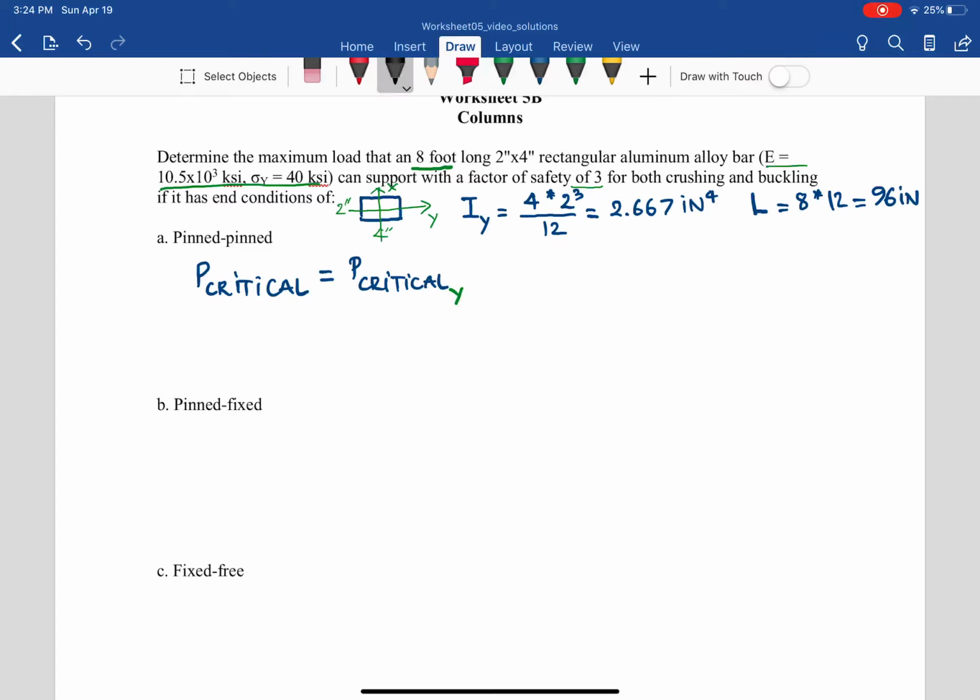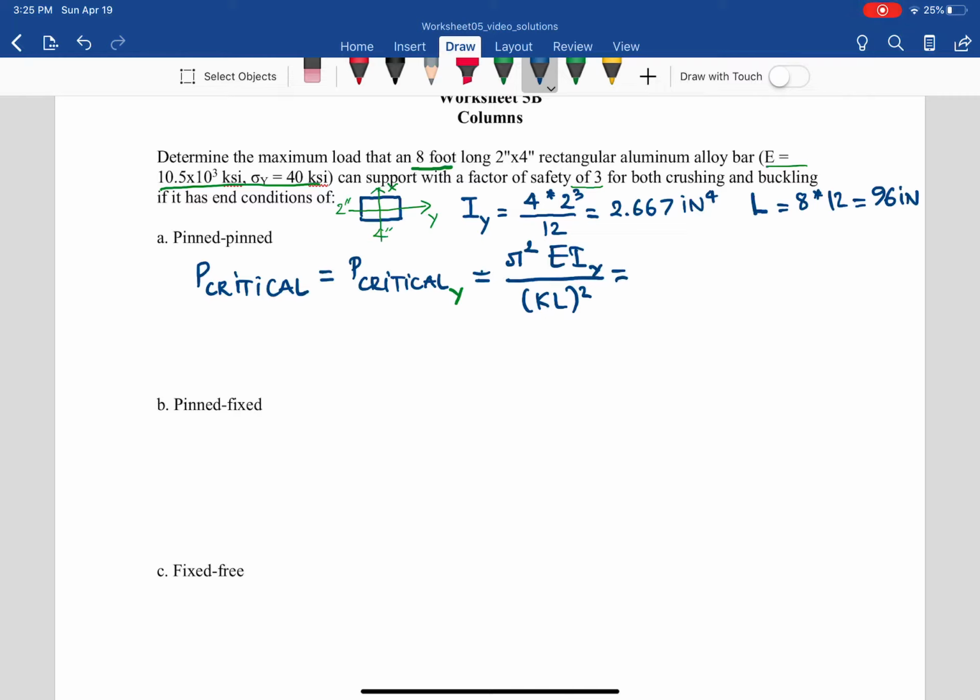As I mentioned, because the area moment of inertia about the y-axis is smaller, it tends to deflect, tends to buckle about the y-axis. Why that? See my demonstration in part 1 of the worksheet 5A solution. So from that, plug in here, it equals pi square E Iy over KL square.